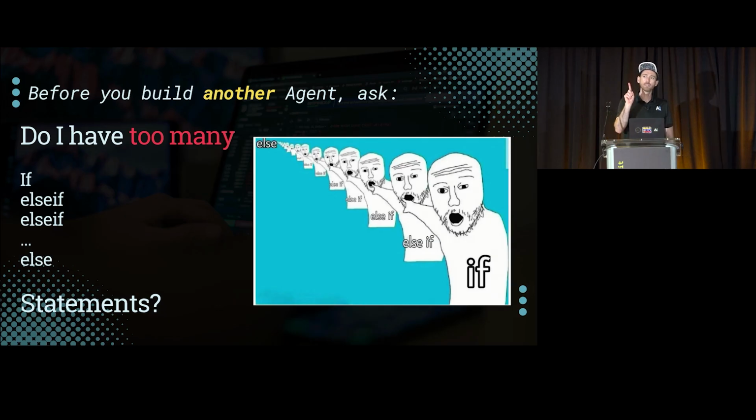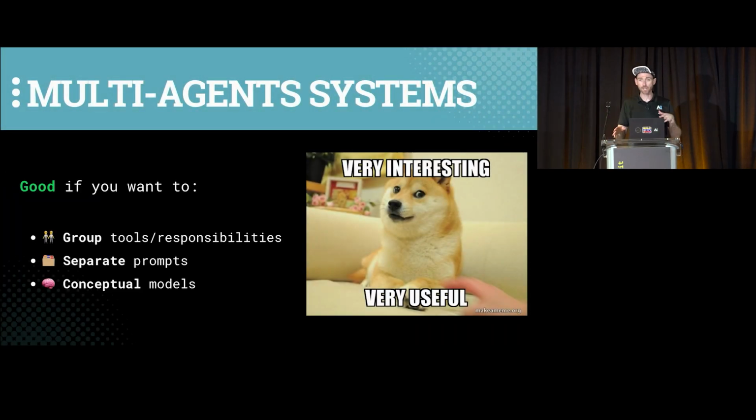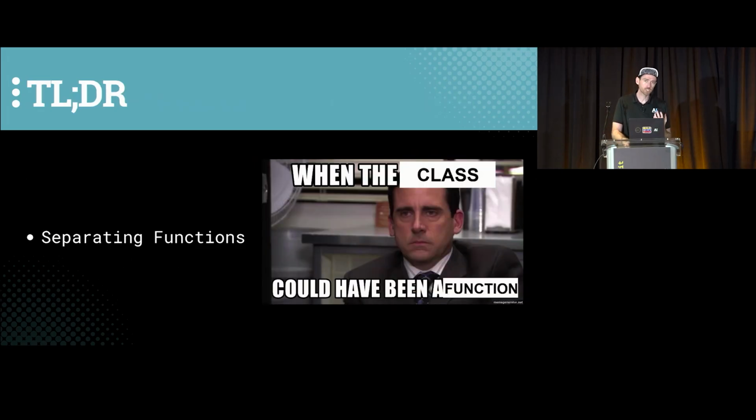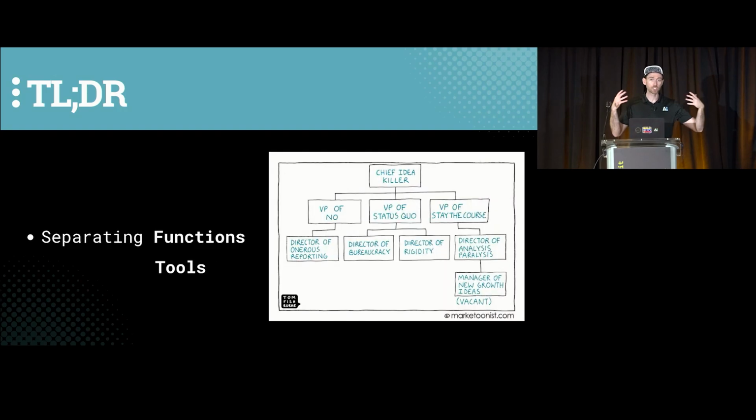There's one caveat, and it's related to context engineering. You see, multi-agent systems are very good at separating tools, responsibilities, specific jobs, let's say, to be done. You can have better conceptual models, all this stuff, that's fine. But separating these functions, not just functions of the tools themselves, which, yeah, separate those, but also the functions of what you need your agents to do.